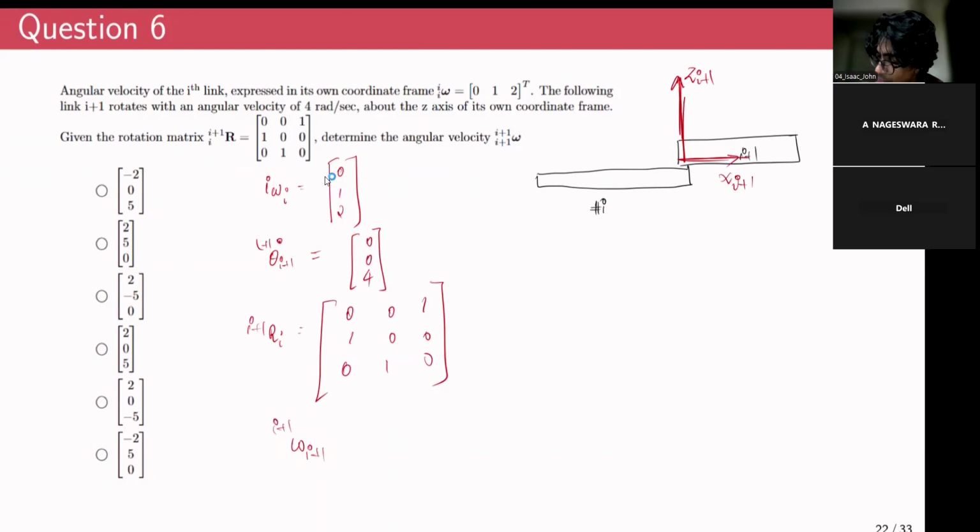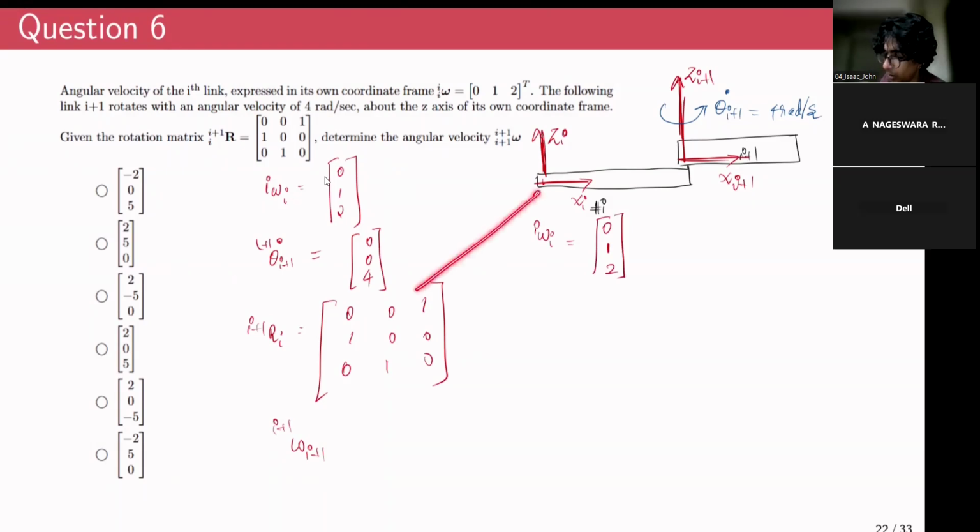And the link I plus 1 would be rotating about Z I plus 1 by an angular velocity theta I plus 1 dot, which is given as 4 radians per second. And for the ith link, you will have a frame attached over here, Zi, Xi would be something like this. And the angular velocity of this frame, I omega I, is given as 0, 1, 2.